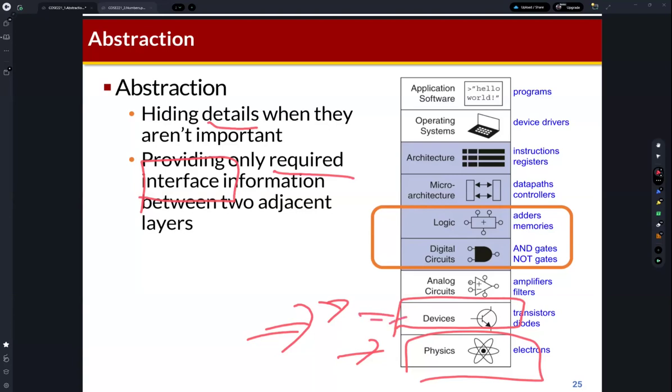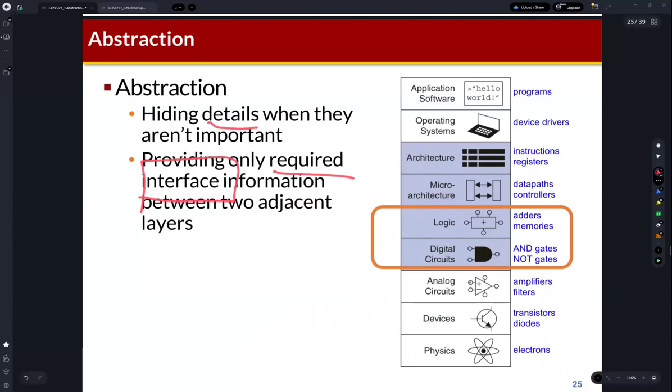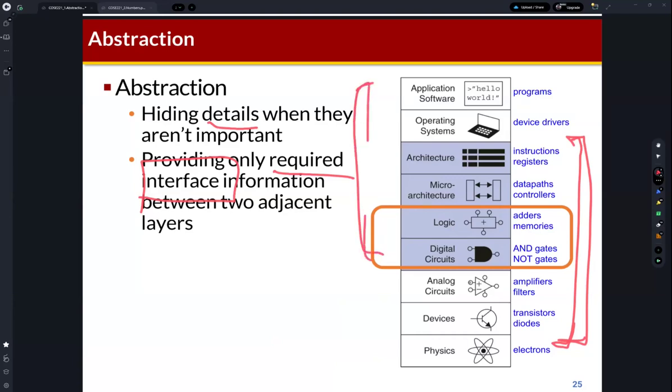And then using transistors, we can build analog circuits, and then digital circuits and logic and architecture like this. I also showed this figure in the previous class, and I mentioned that this is usually in the electrical engineering. Electrical engineering covers this area, and computer engineering covers these areas. Okay, but I want to show the many layers.